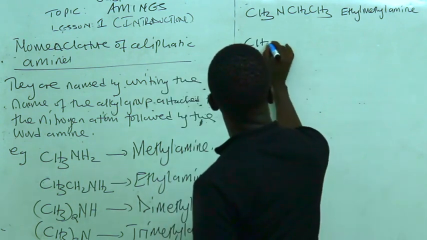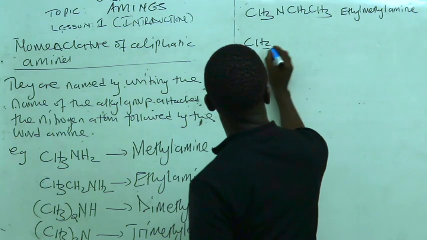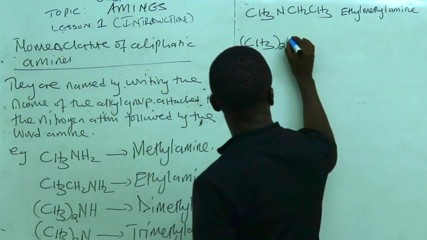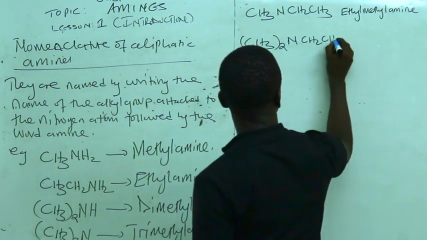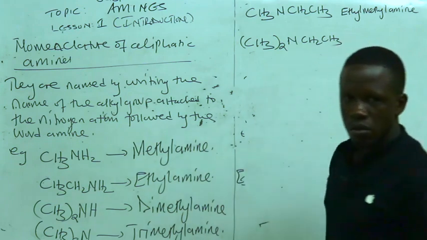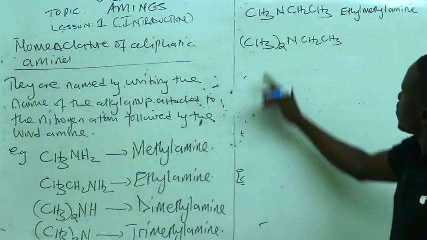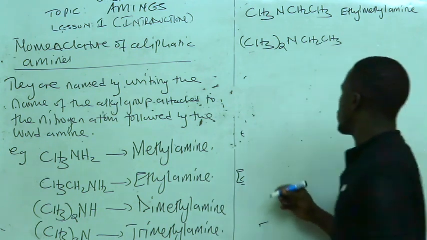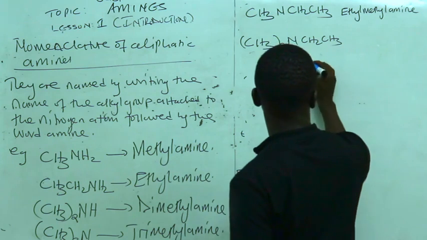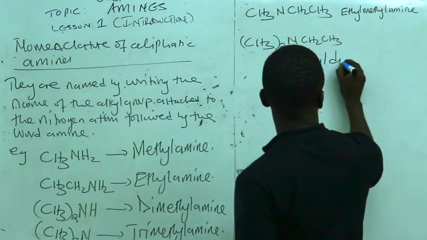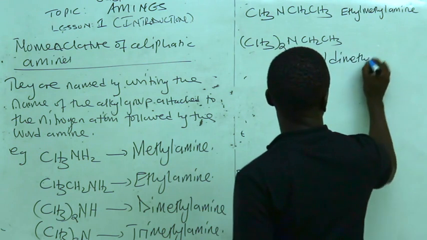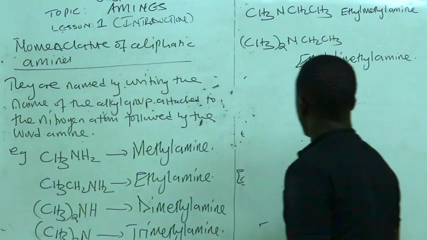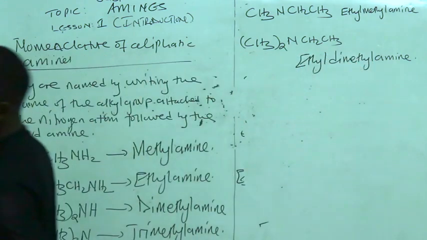Then if they are three and two are the same, then one is not the same. What are we going to do? This is methyl, this is ethyl. So alphabetically, ethyl would come first. And so we shall say ethyl, but dimethyl amine. Ethyl, dimethyl amine.